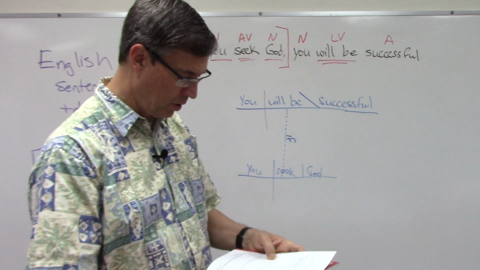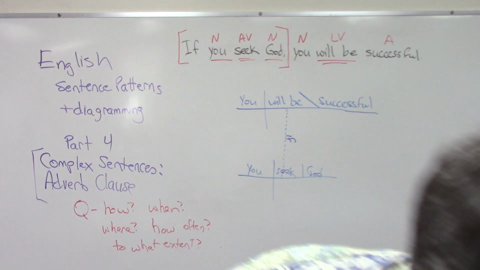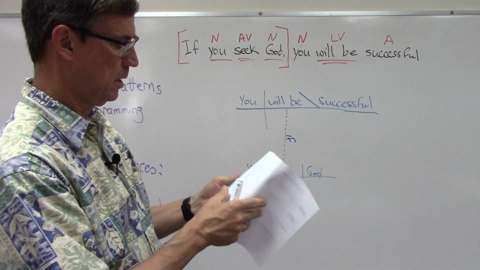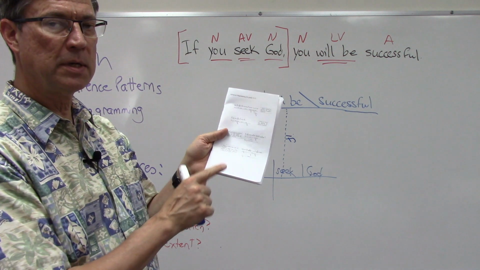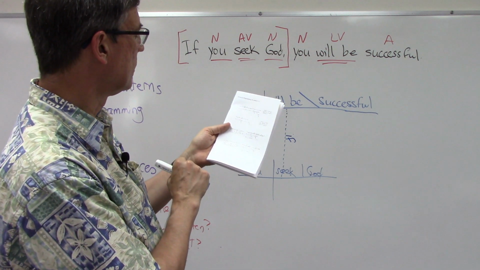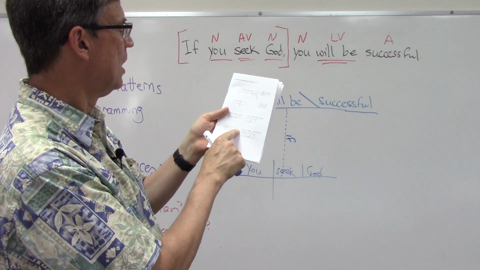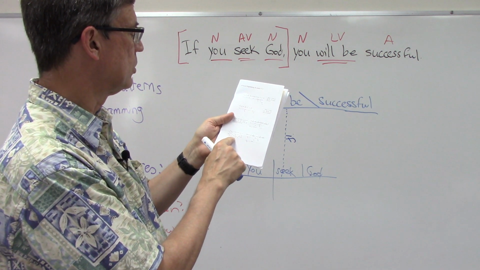Looking here in PACE 1107, on page 19 it says: diagram an adverb clause under the main clause, with a dotted line drawn between the verbs and the subordinating conjunction placed on the dotted line.